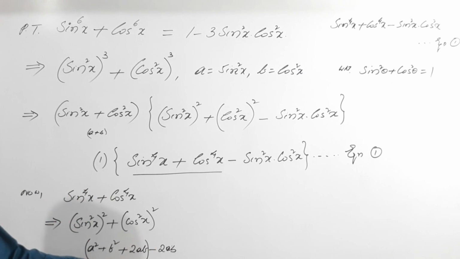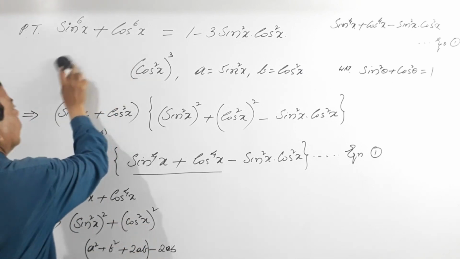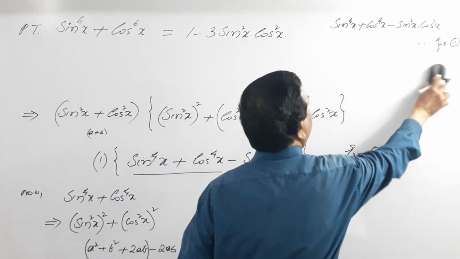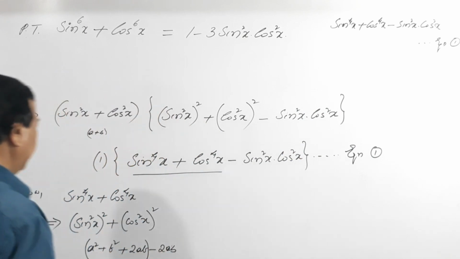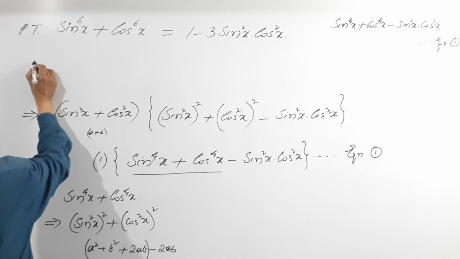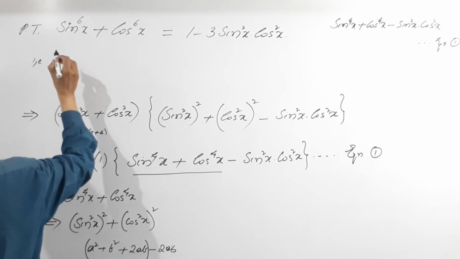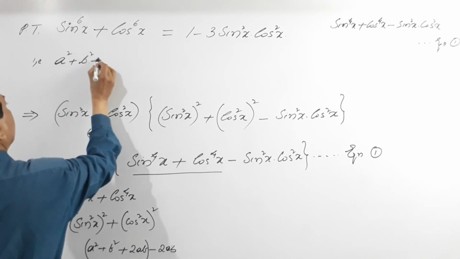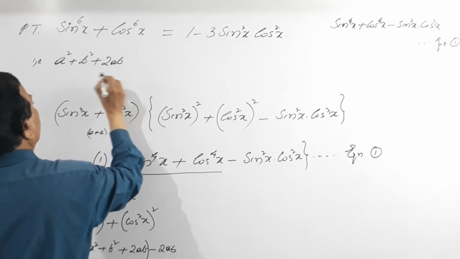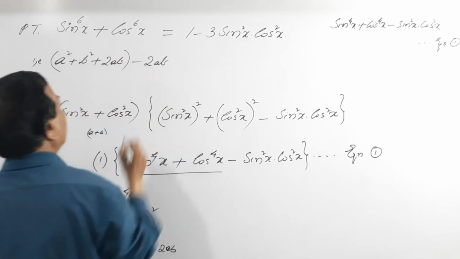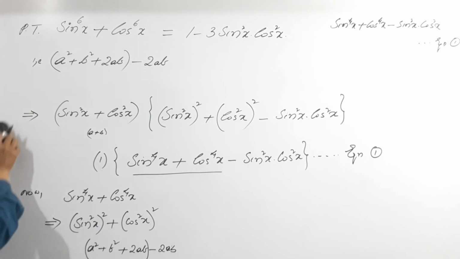Can I write this as a plus b the whole square? So इसको मिटा दूं? हाँ मिटा दो सर, ये भी मिटा दो सर. तो ये क्या बन गया, that is a square plus b square plus 2ab minus 2ab. इसको भी मिटा दूं.